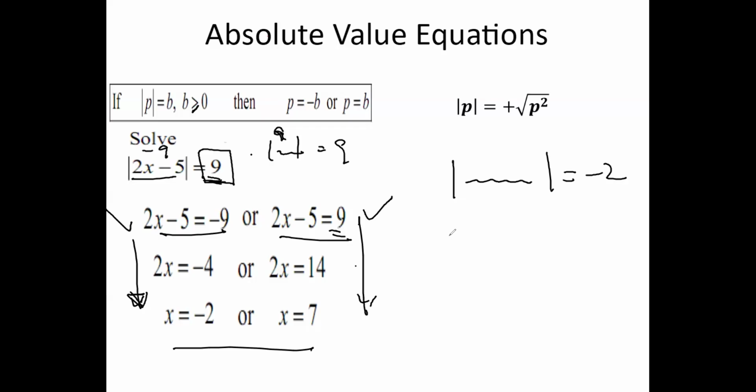By the way, if you try to solve it, the mathematics will give you a number, an answer. But you should know that a modulus cannot be equal to a negative. You don't even have to solve that. You just say, sir, no, that is not a problem that could be solved, because the modulus of a number can't be negative.